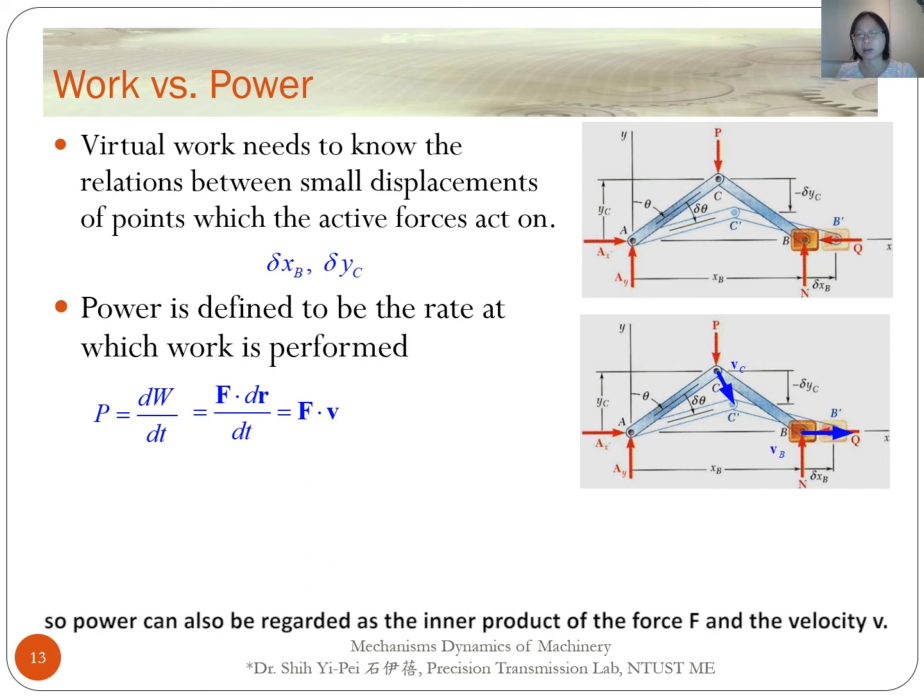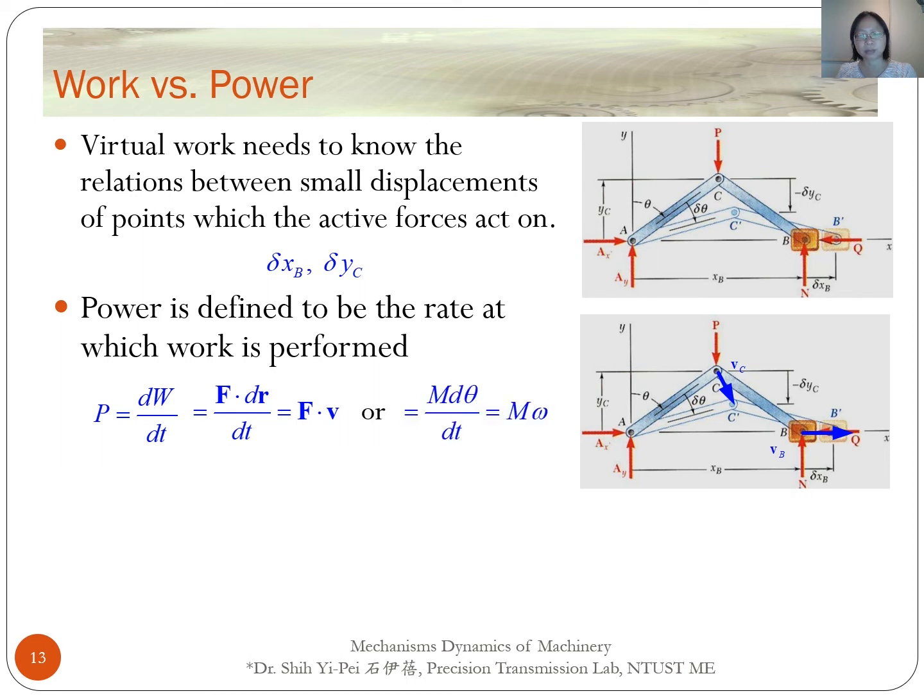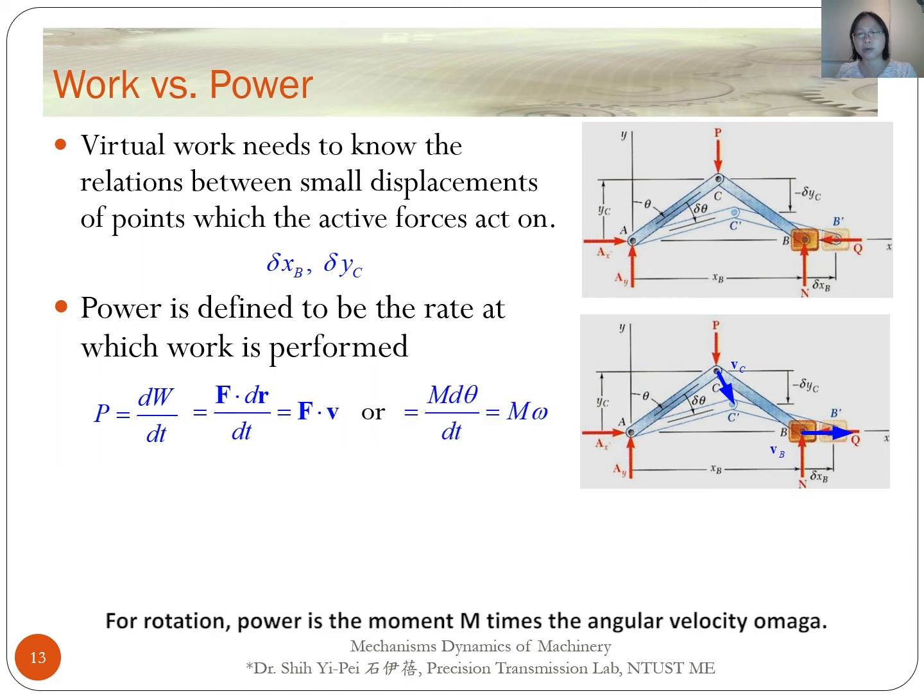So power can also be regarded as the inner product of the force F and the velocity v. For rotation, power is the moment M times the angular velocity omega.